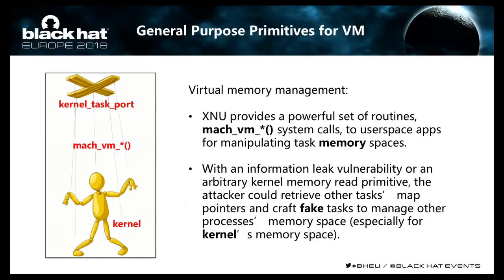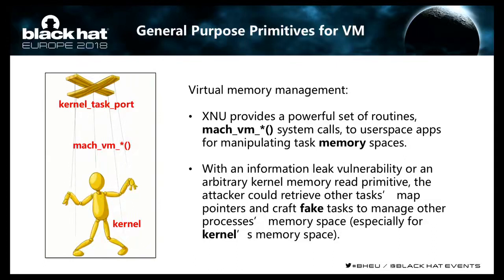Besides, XNU provides a powerful set of routines, the Mach VM-related system calls, to user space apps for manipulating task memory spaces. Given appropriate privileges, one process can perform operations on another process's memory space identically to its own.